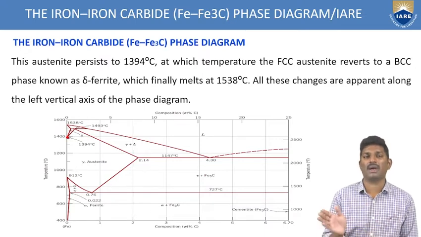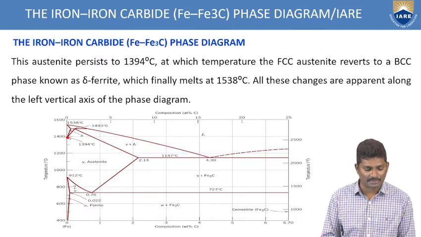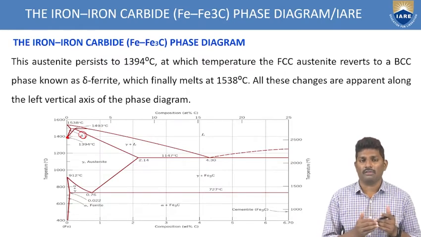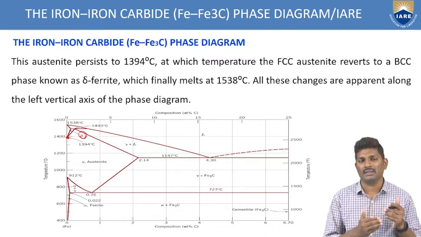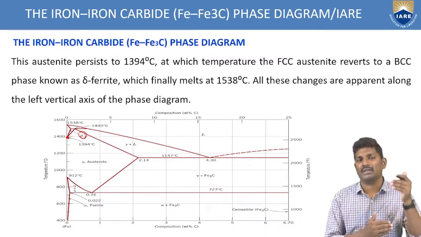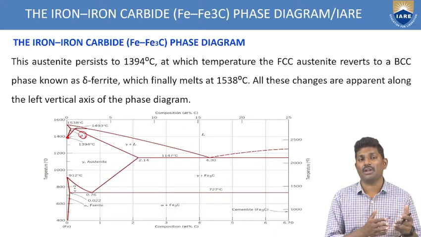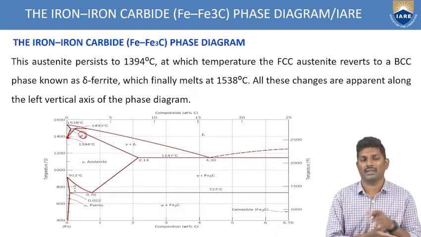Again, it is reversing to the BCC phase, which is known as delta ferrite. Again, ferrite, austenite, and delta ferrite. What is happening here? From BCC, it is converted to FCC, and from FCC again to BCC. That's what polymorphism is. It is transforming its crystal structure from one to another.